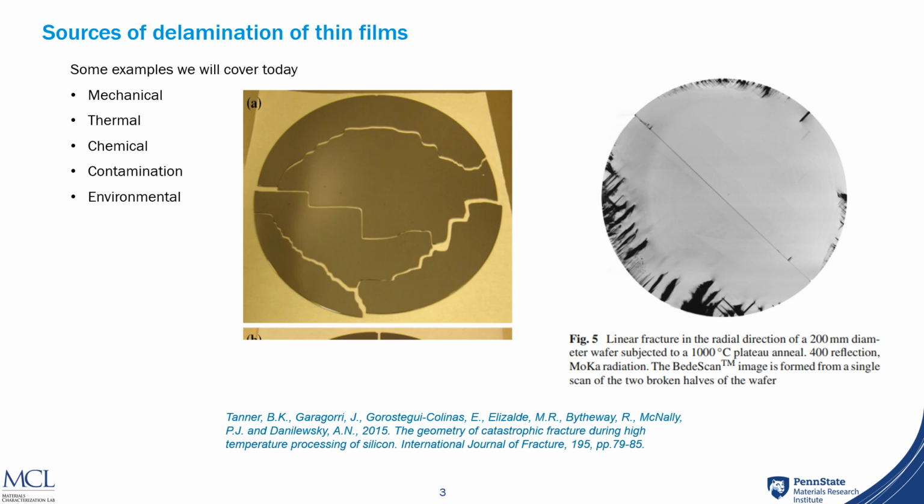And so, as you'll see here, I have some bullet points of what some of these causes are. They could be mechanical. This could be residual stresses that were built up and eventually caused failure. It could be from thermal cycling.